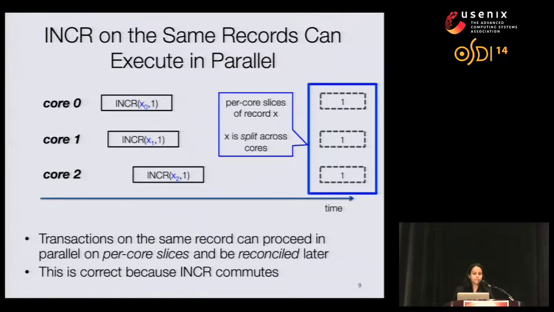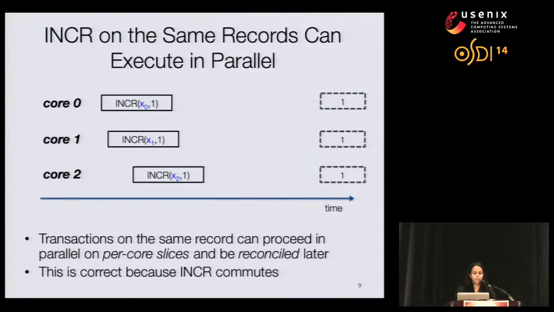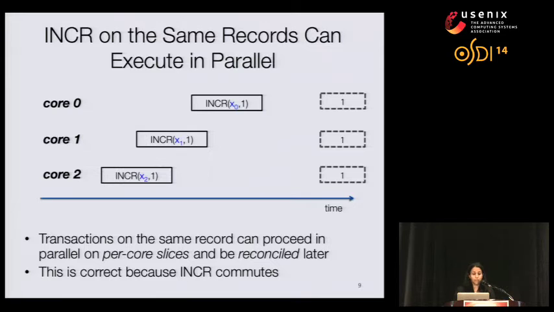We say that these are per-core slices of X, and we say that X is split across the cores. So this is actually a really common technique for individual variables and concurrent algorithms, but it's not used in transaction processing systems. So can we do this correctly? Well, yes, if we're only doing increments to X, increment commutes, and so it doesn't really matter what order these increments happen in on the different cores, we're going to get the same answer no matter what.